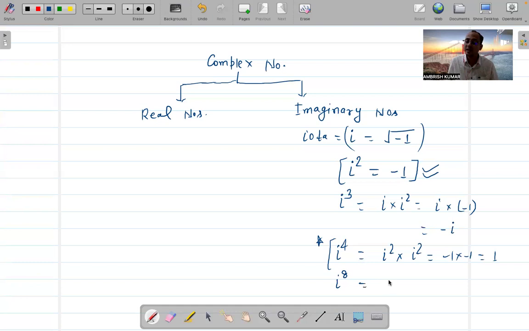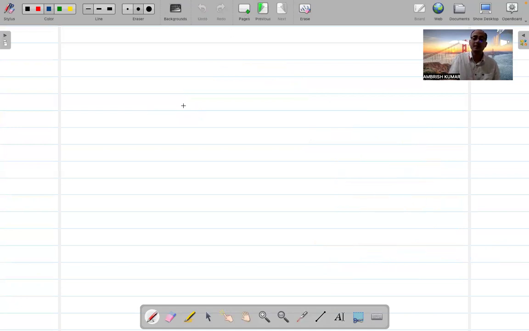So this you can write as i power 4 whole square, and i power 4 is already 1. So 1 square will be 1. So from here we can make a note that whenever we have i power something in the format of 4n, then we get always 1. So this is important thing.